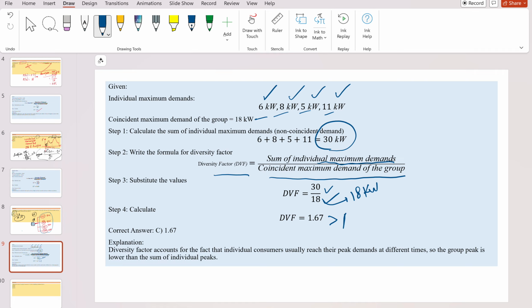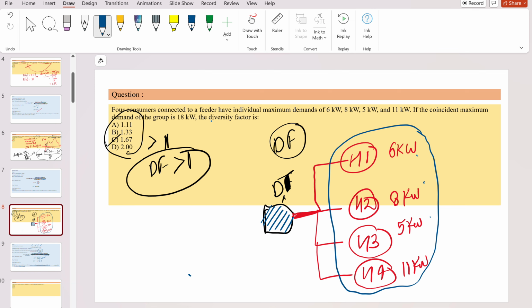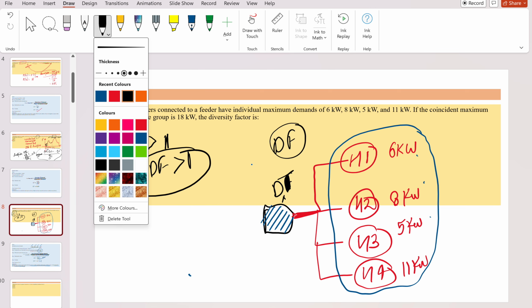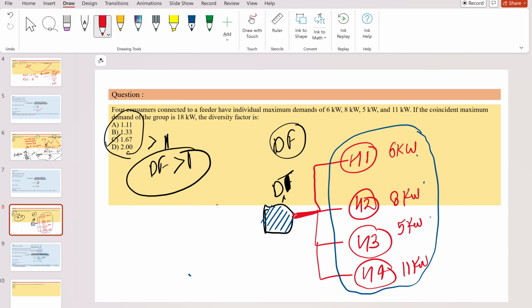But when you see what is written, the diversity factor accounts for the fact that individual consumers usually reach their peak demand at different times, so the group peak is lower than the sum of the individual peaks. What it is telling is that in this overall group, the coincident maximum demand is 18 kilowatt, which is very different from the maximum demands of the individual houses.